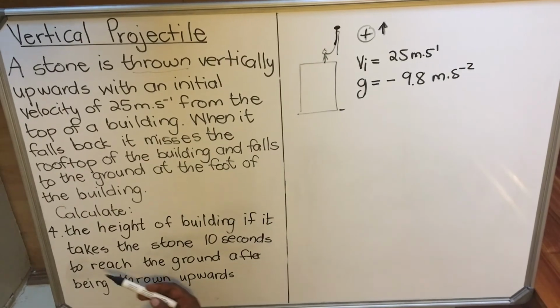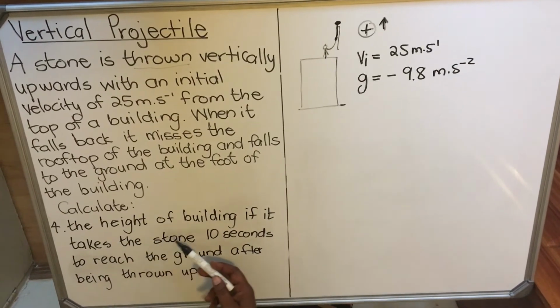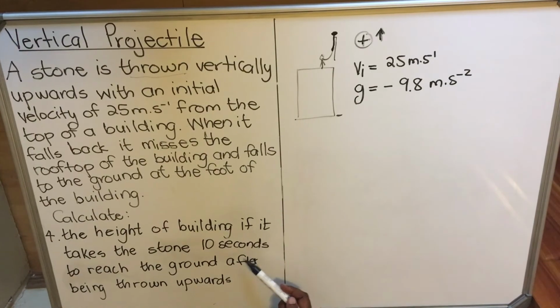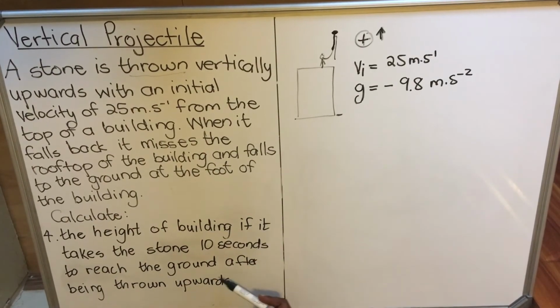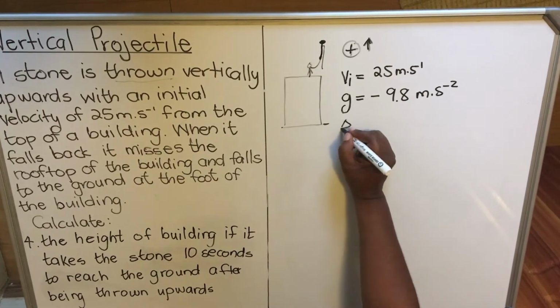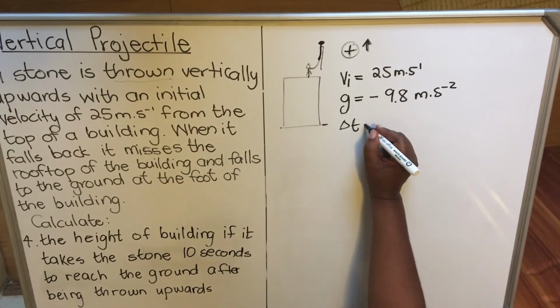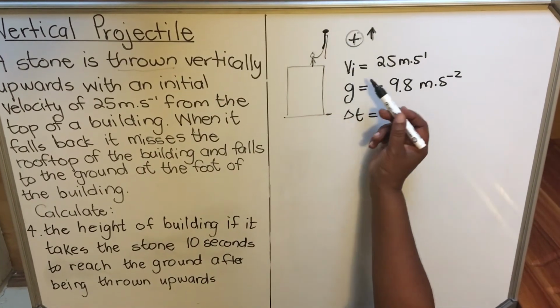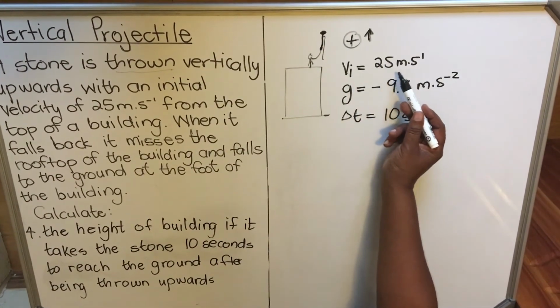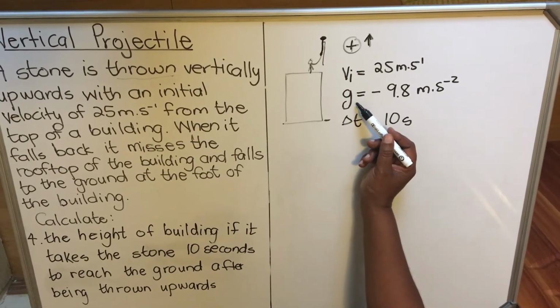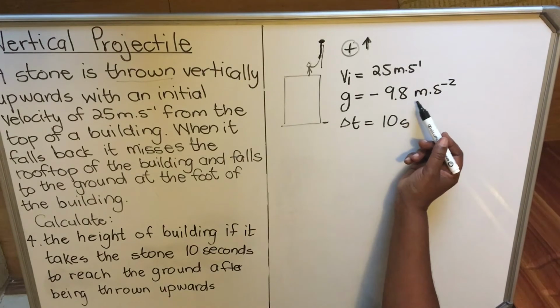Okay, the last question: calculate the height of the building if it takes the stone 10 seconds to reach the ground after being thrown up. So our change in time, they're saying it's 10 seconds. Now the stone was initially thrown up with the initial velocity of 25 meters per second. We chose going up as positive, so our gravitational acceleration is negative 9.8 meters per second squared.